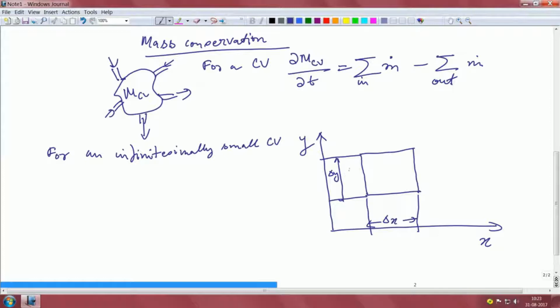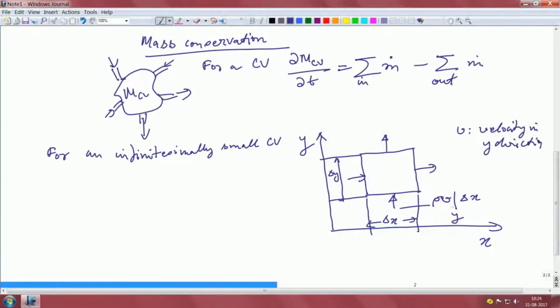What happens is that mass enters this control volume through this face and leaves through the other face, right. Similarly, mass enters this control volume through this face and leaves through that face. On this particular face, the mass can be written as rho v, evaluated at y, into delta x, where v is the velocity in the y direction, correct.